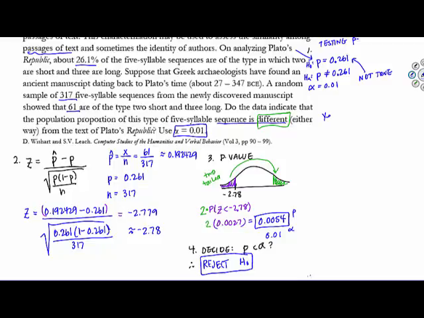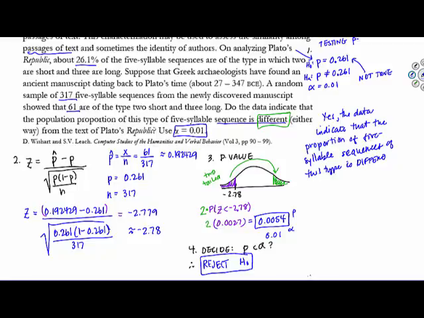So we can make a conclusion in interpretation to say that, yes, the data indicate that the proportion of 5-syllable sequences of this type is in fact different than that of Plato's Republic.